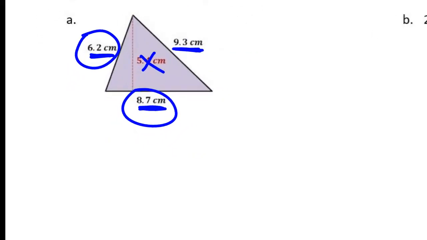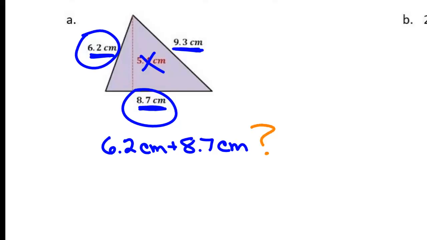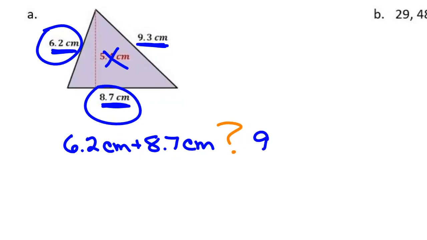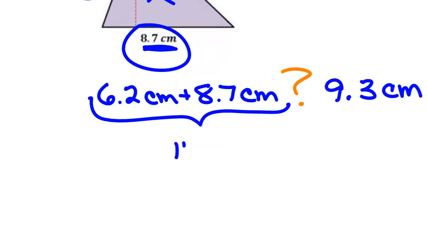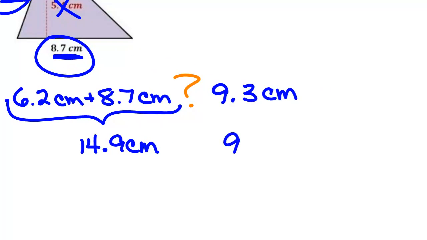So we're going to add those 2 together. 6.2 centimeters plus 8.7 centimeters. And I want to know, how does that compare to 9.3 centimeters? What do I get when I add these 2 together? 14.9 centimeters compared to 9.3 centimeters.